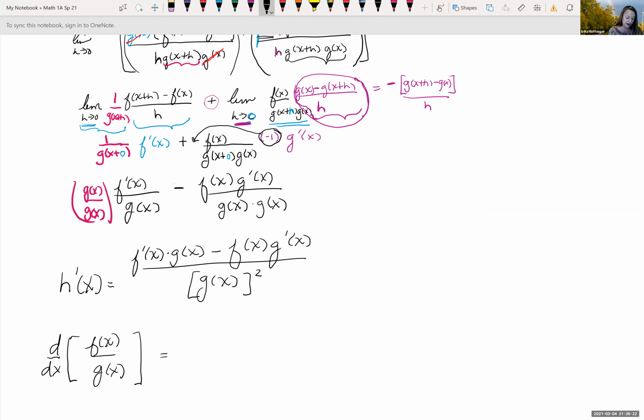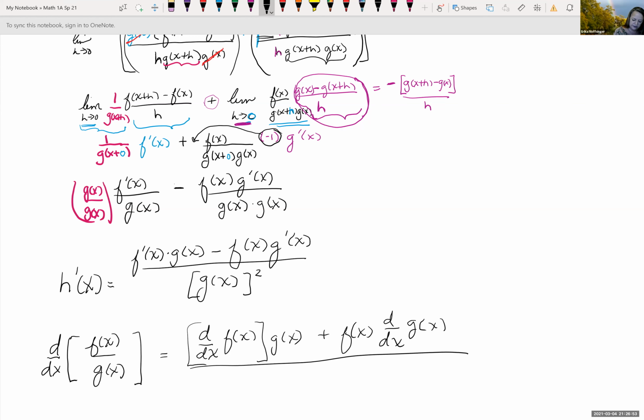So if I was going to write it in this notation, I would write this as in my numerator, means the same thing, d over dx f of x. So it's telling me I'm taking the derivative of my function f of x times g of x plus f of x. Take the derivative of the second function to write it in this Leibniz notation. It's d over dx g of x all over g of x quantity squared.